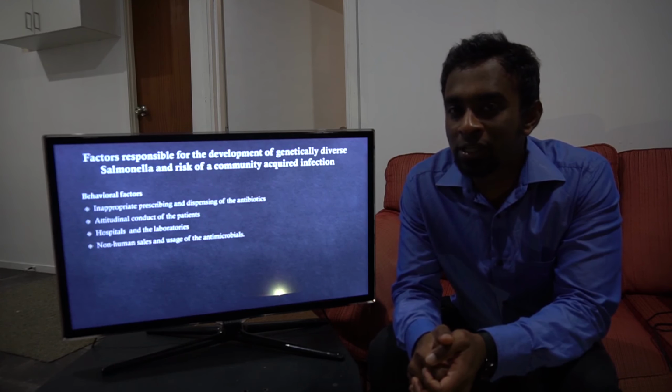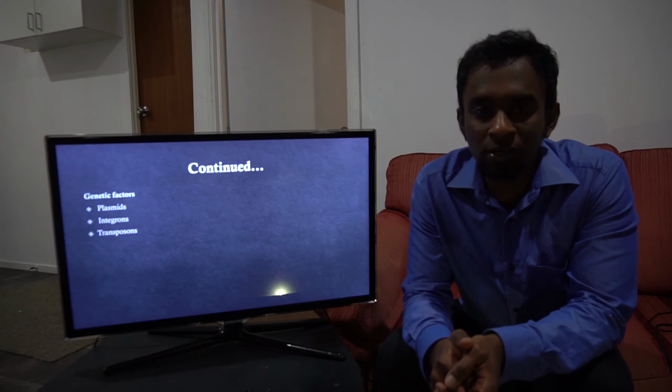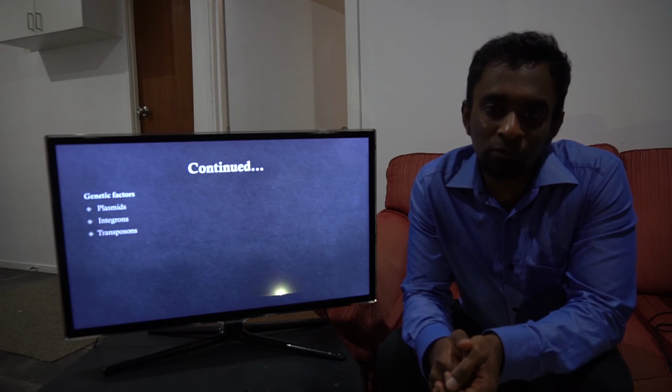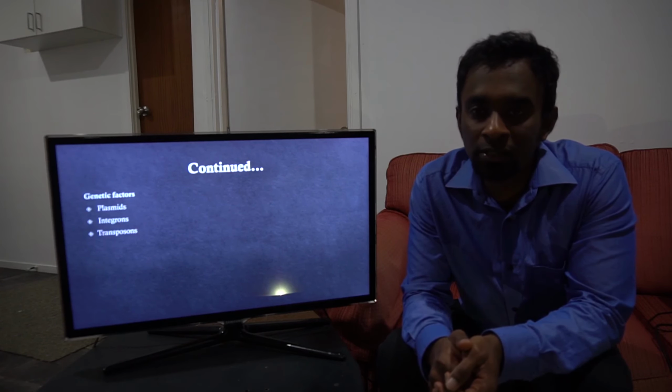The third one is transposon. They are mobile genetic elements which contain insertion sequences and can transpose from one site to another within the same or different chromosome.